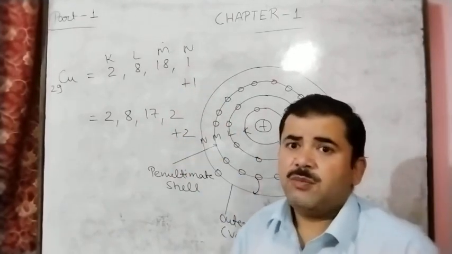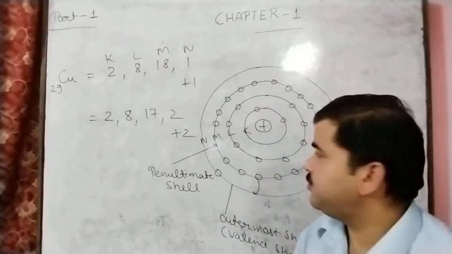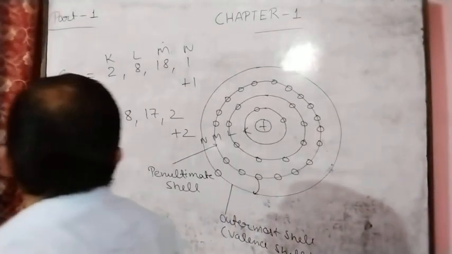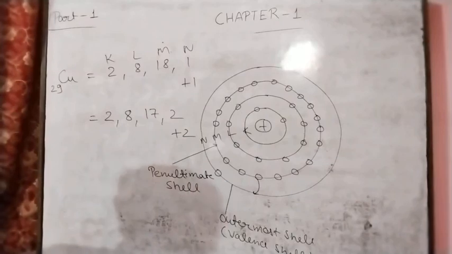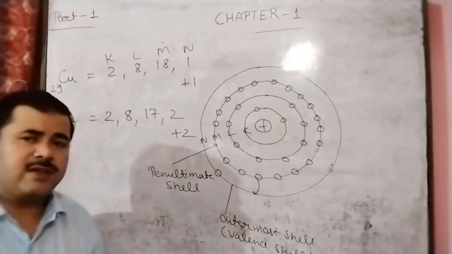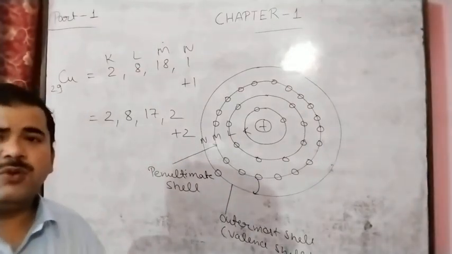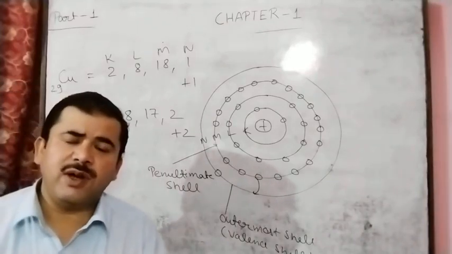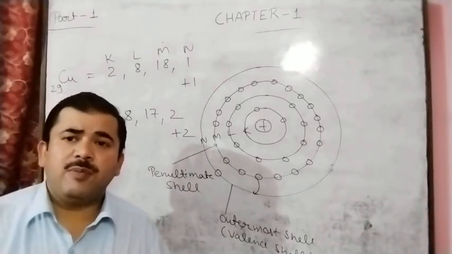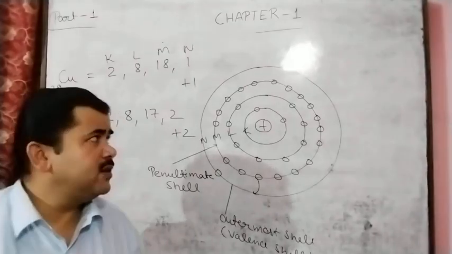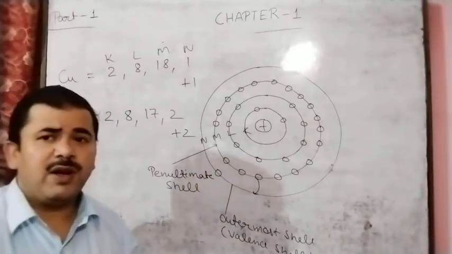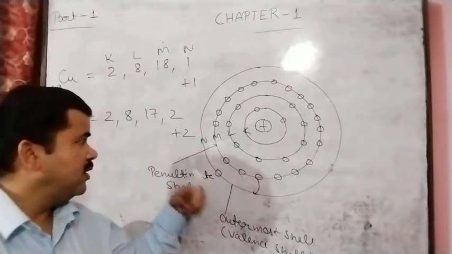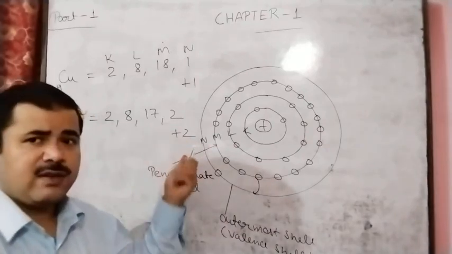Variable valency means more than 1 valency. The penultimate shell is responsible, because an electron jumps from it to the outermost shell, and then we get the second valency by losing electrons.